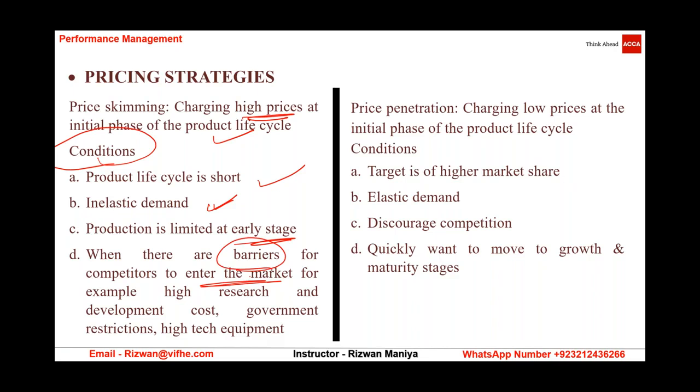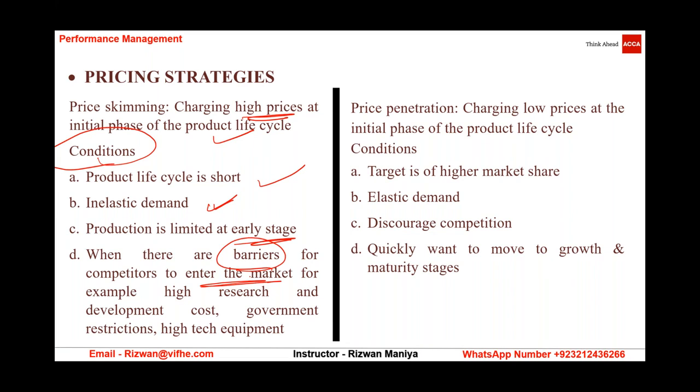Understand? When there are barriers for competitors to enter the market, what are barriers? Which means everybody cannot easily enter the market. The best example of a barrier is patents. You have the patents, only you can produce this drug and no one else can. This is a barrier, a bottleneck, so you are the king. Just imagine if you develop a coronavirus vaccine.